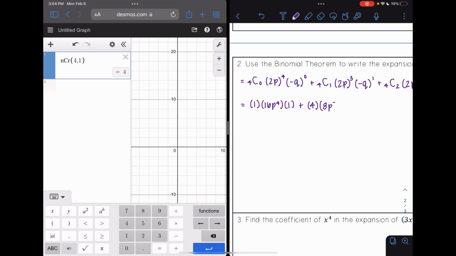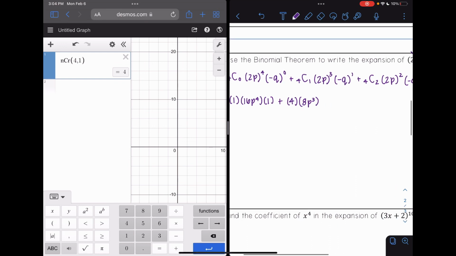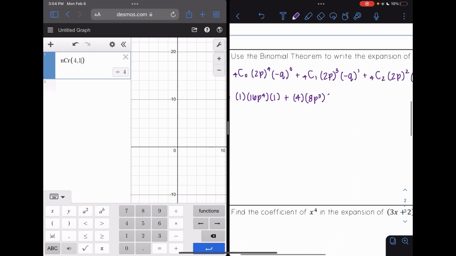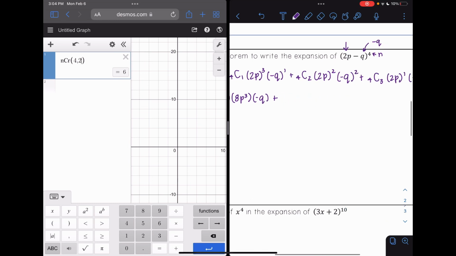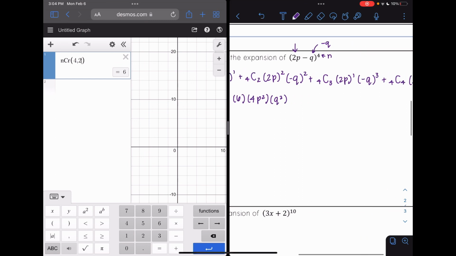And then p cubed. Negative q to the 1st power is just negative q. And then 4c2, I get 6. 2p squared, 2 squared, I get 4. And then p squared. And then negative q squared, I get a positive q squared, because negative q times negative q gets me a positive q squared.